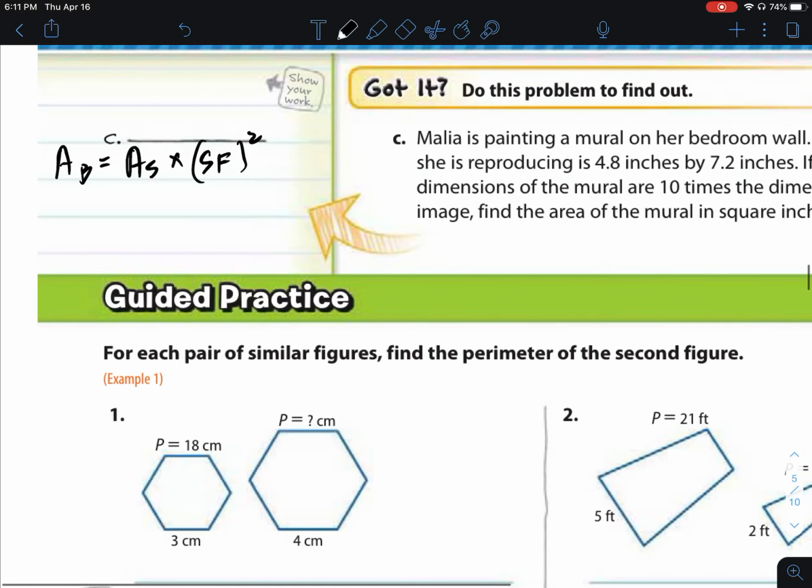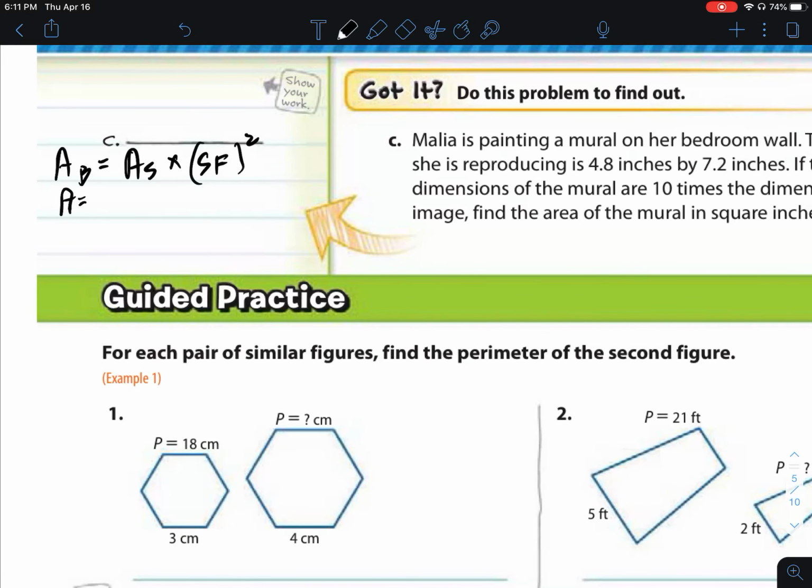So the area of our small figure is length times width, or 4.8 times 7.2.